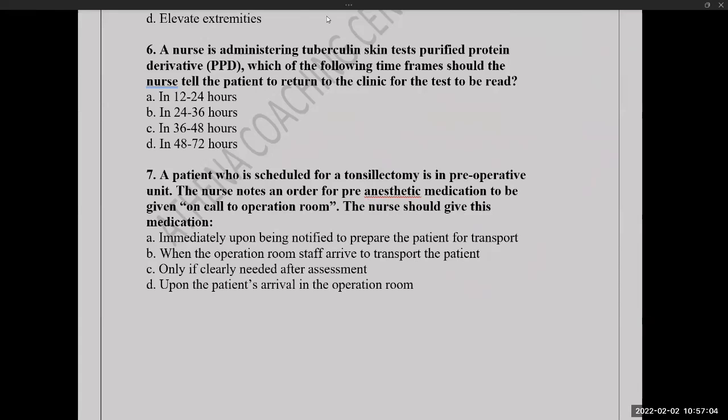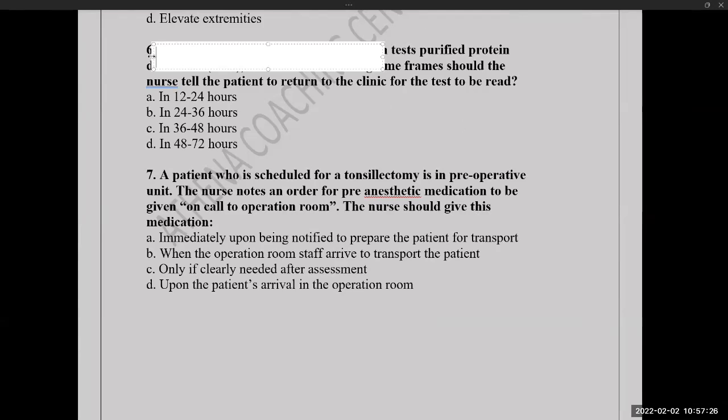Already there is a standing order. So please drop your answers in the chat box.